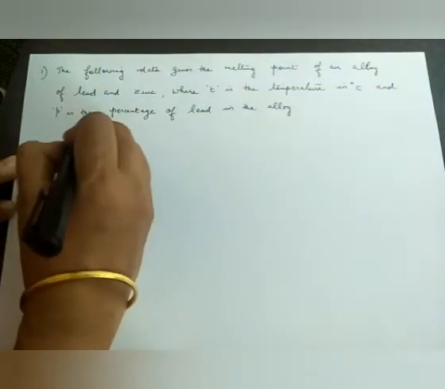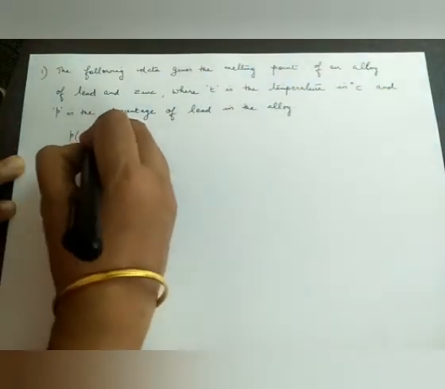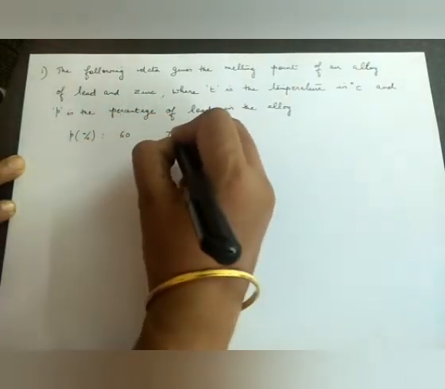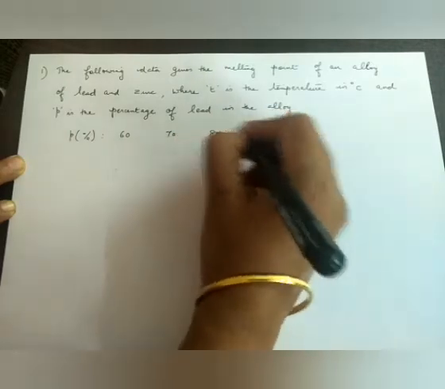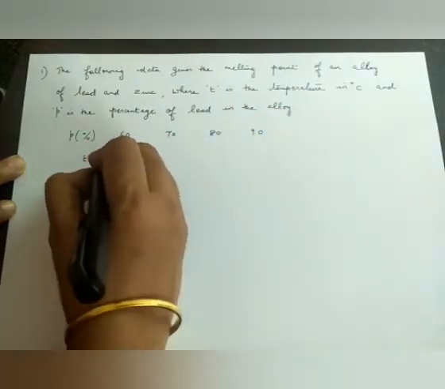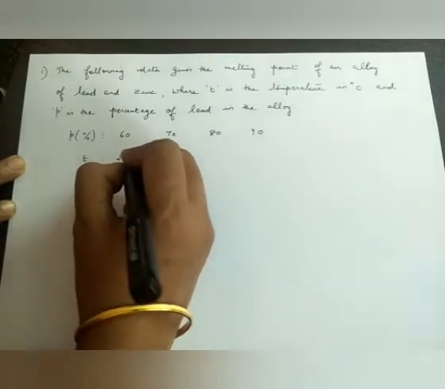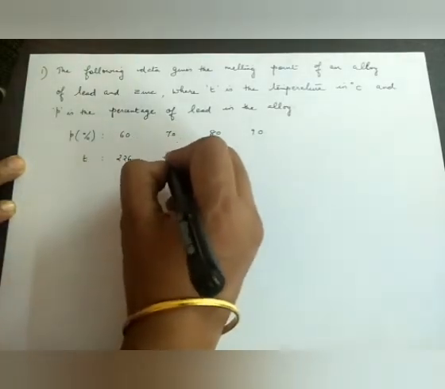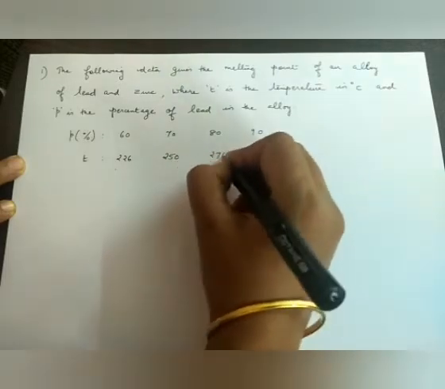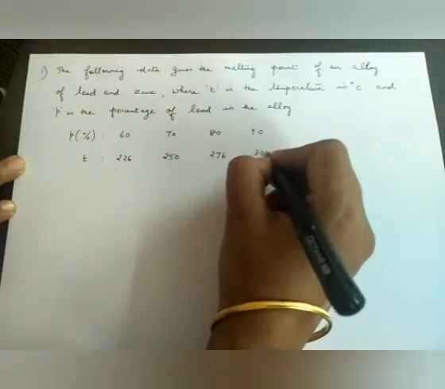Here P is represented as percentage, that is 60%, 70%, 80%, 90%, and T the temperature is 226 degrees Celsius, 250 degrees Celsius, 276 degrees Celsius, and 304 degrees Celsius.